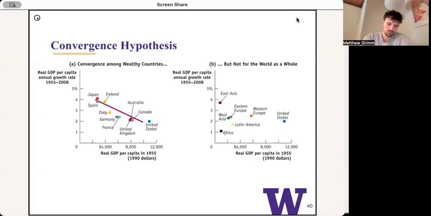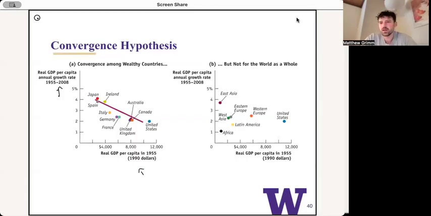Okay. So here you look at the convergence among wealthy countries. So real GDP per capita, an annual growth rate from 1955 to 2008. So this is again an average right here on the Y, and then you have real GDP per capita in 1955.